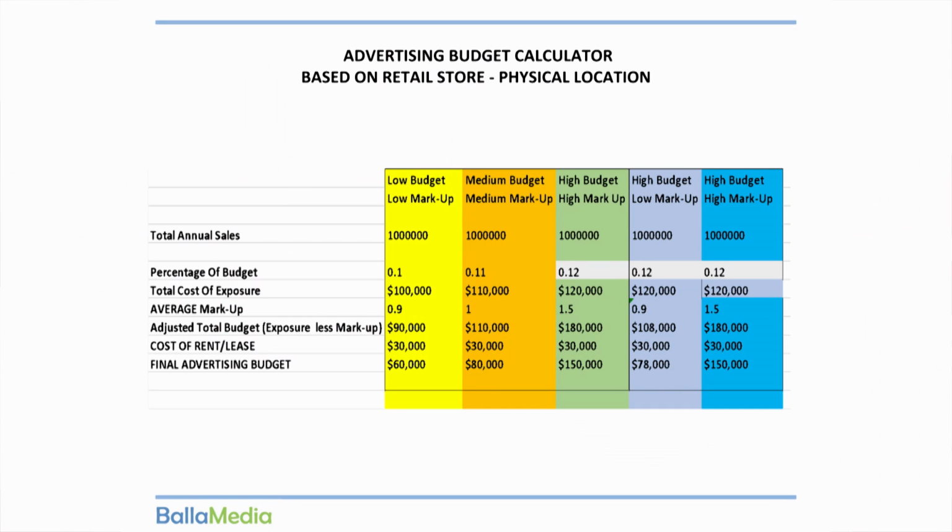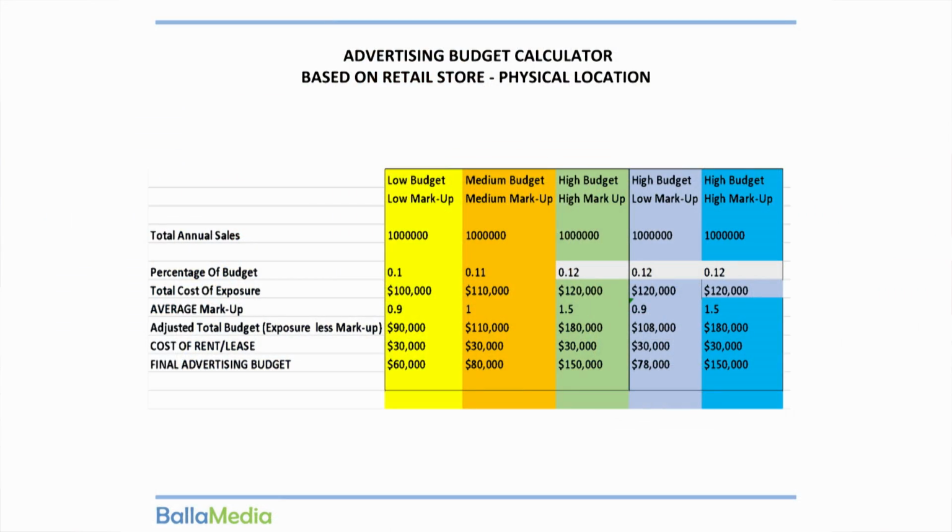If you're paying a higher amount for your monthly lease or rent, it's worth it because that is drawing in a lot more customers, as opposed to being in a location that nobody can find. So we're going to incorporate that into the mix as well. If your cost of rent or lease is $30,000, your final advertising budget would be $80,000, because we take the $30,000 away from the $110,000 and you're left with $80,000.